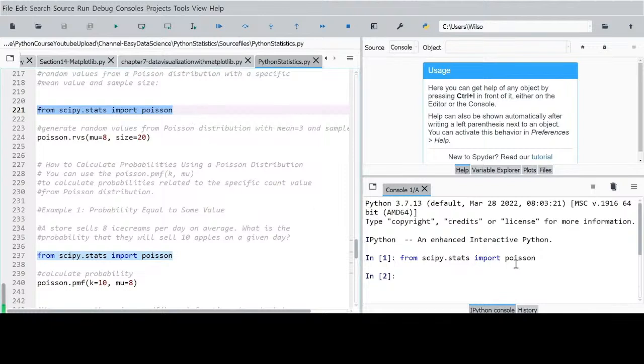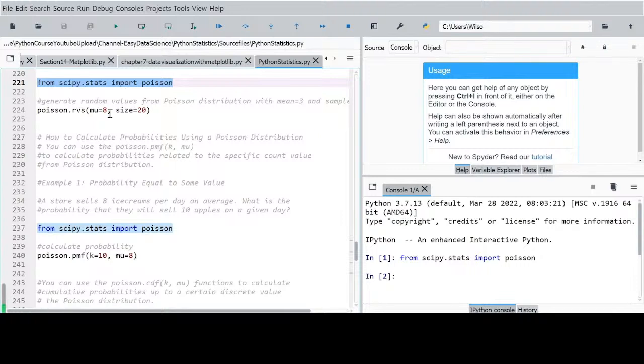If it is not available, we have to install scipy. But usually this is bundled with the Python installation, if you use Python in, for example, the framework of Anaconda.